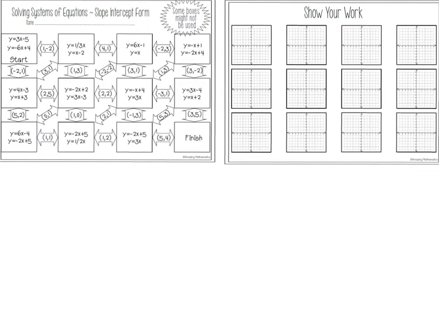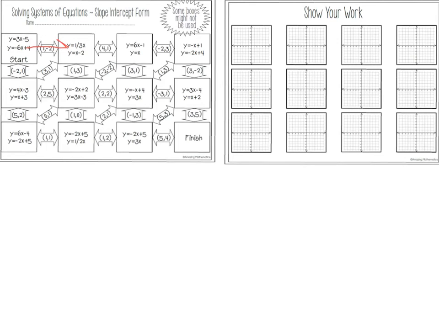So here's what you're going to do. You're going to start in this box here. You're going to graph this first one, and your solution is either going to be (1, -2) or it looks like (-2, 1). My toolbar is a little bit in the way here. So once you graph, find your solution. That's going to lead you to the next box. So let's say you graph this first one. Here's your solution.